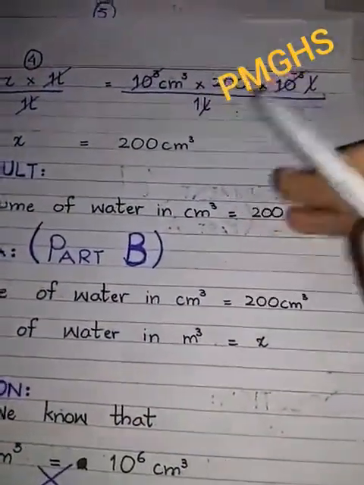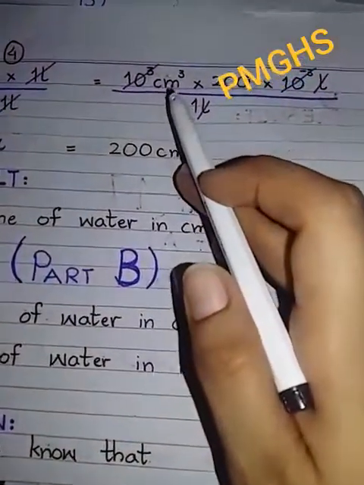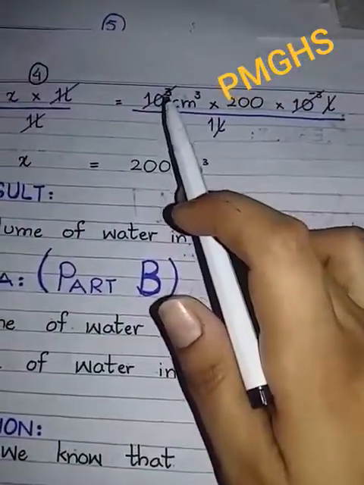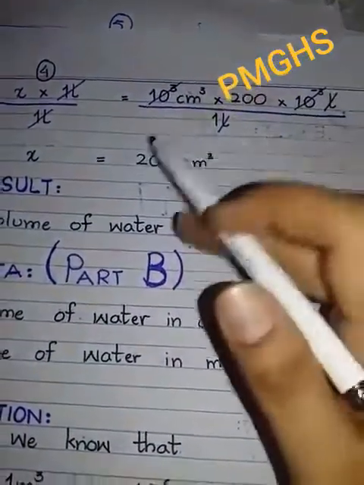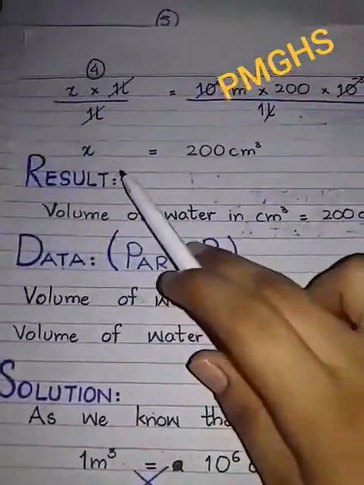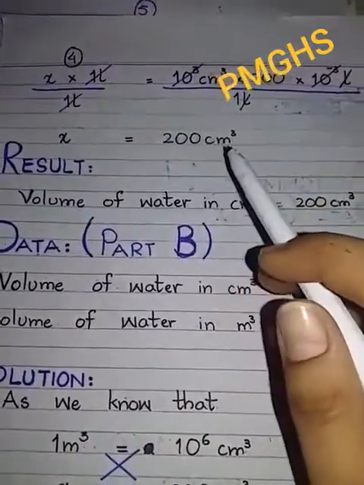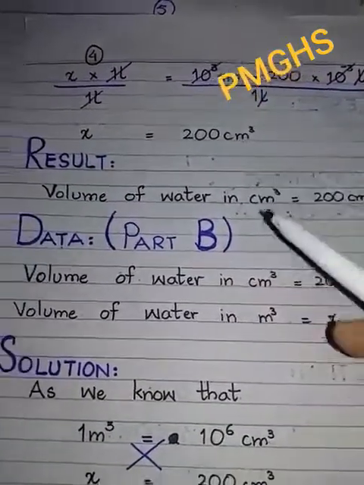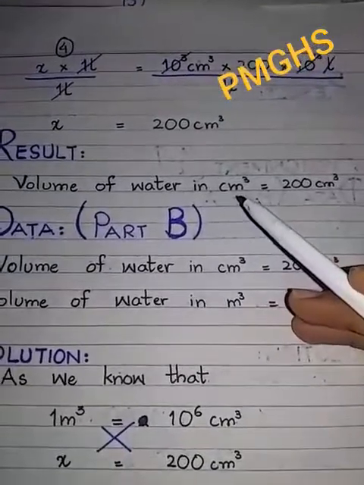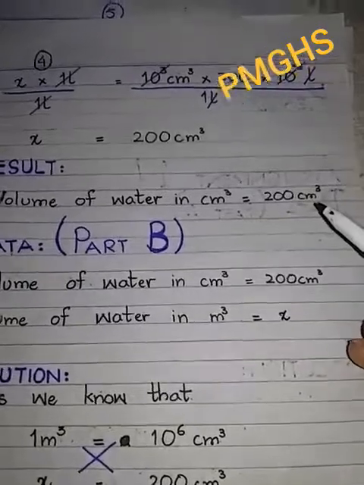So the remaining unit is only centimeter cubic, and 10 raised to power 3 and 10 raised to power minus 3 cancel. So the value of x is 200 centimeter cubic. This means the volume of water in centimeter cubic is 200 centimeter cubic.